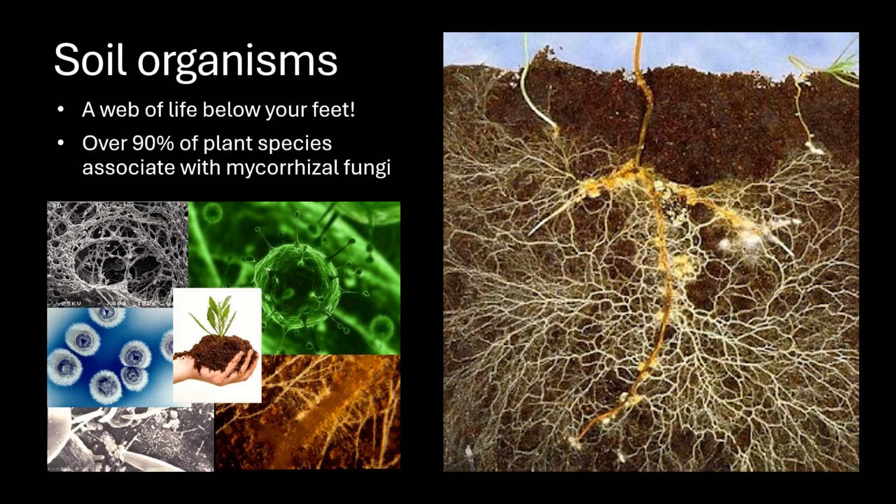So mycorrhizal fungi are fungi that have a symbiotic relationship with plant roots. These can take lots of different shapes, but the basic principle is that plants are photosynthetic, so they can create sugars and carbs from sunlight.